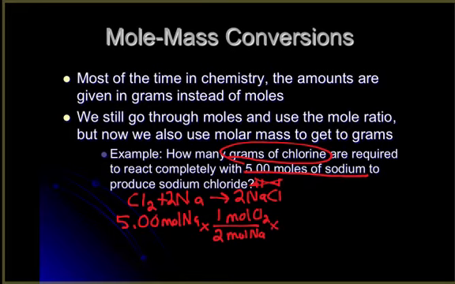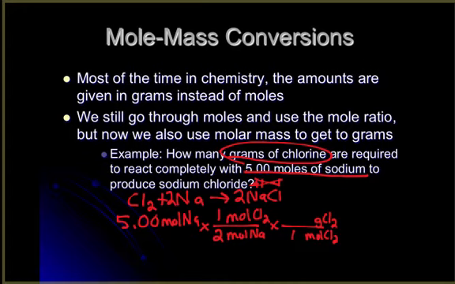I need to go one more step. And again, make sure you remember your rules. Moles of Cl2 here. Lastly, I can convert to grams. Remember, anytime gram to mole conversion, mole is always 1. Where do we find this information?